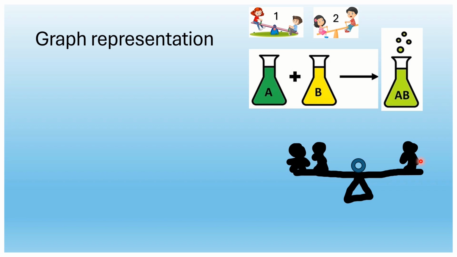So now I want you to assume that whatever is on the right has to do with the product. Can you see in this reaction on the right we have AB, and then I want you to assume that whatever is on the left, which is the reactant obviously, has to do with A and B separately like this. So the seesaw is balanced. In other words, the equation is balanced like this.